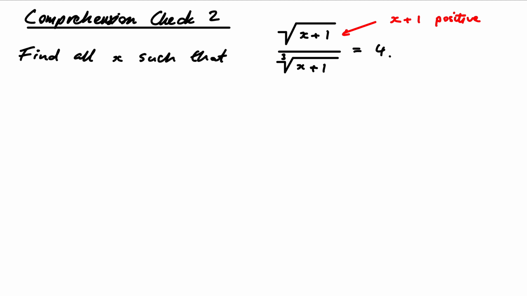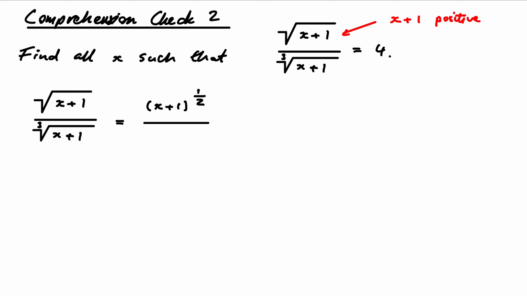The next thing to do is to take the left-hand side and try to simplify it using my laws of exponents. So this is equal to, by definition, x plus 1 to the power of half, divided by x plus 1 to the power third.